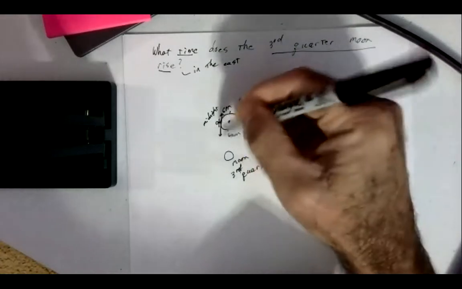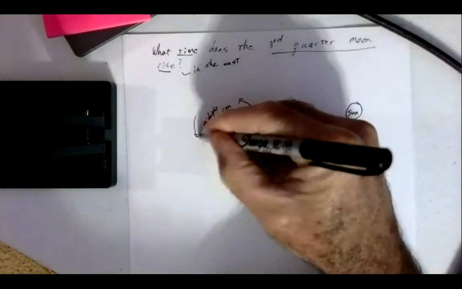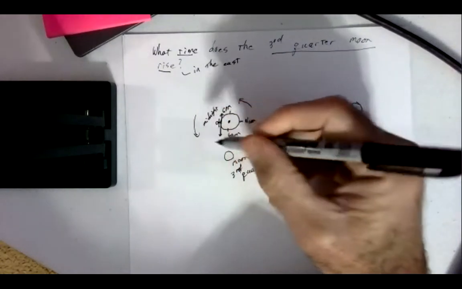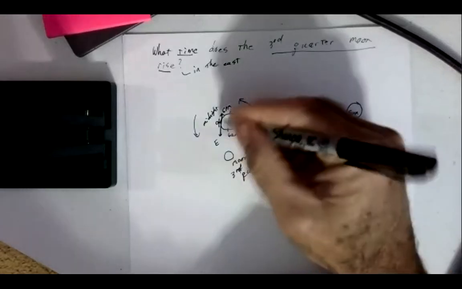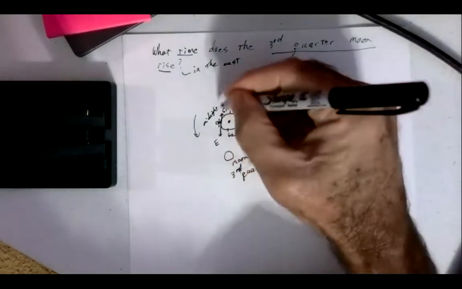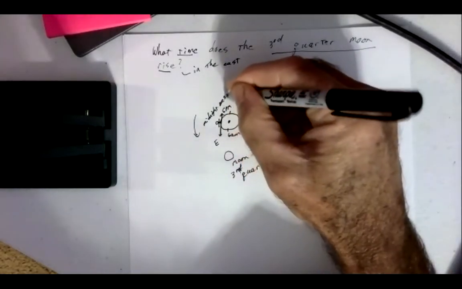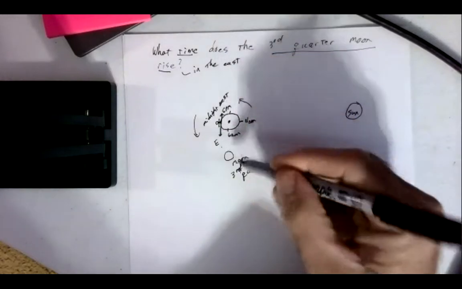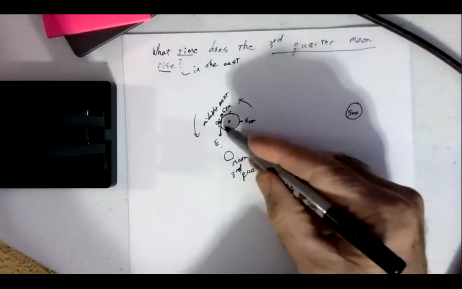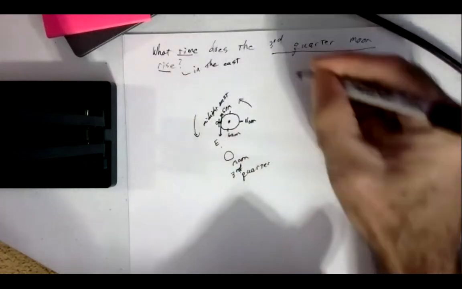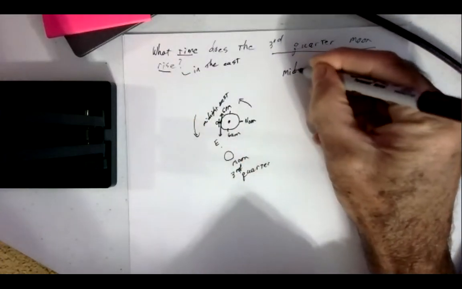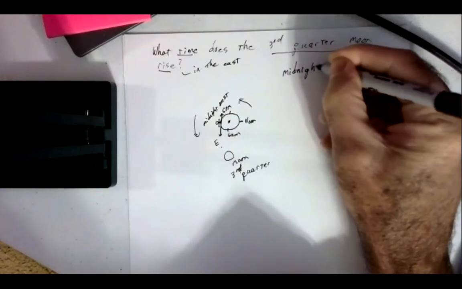The Earth is spinning this way, so that direction is going to be east because the Earth rotates to the east. So east is down if you're at midnight, and west is up. Well, then I look down and I say, oh, the moon is at the bottom towards the east, so it is rising in the east at midnight. So the answer to this would be midnight.